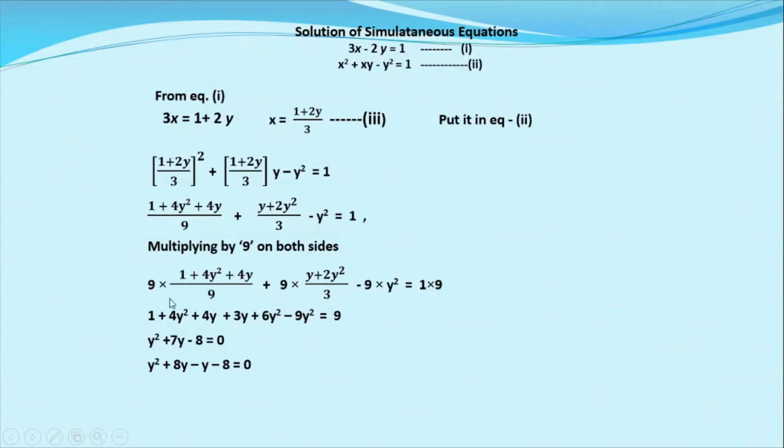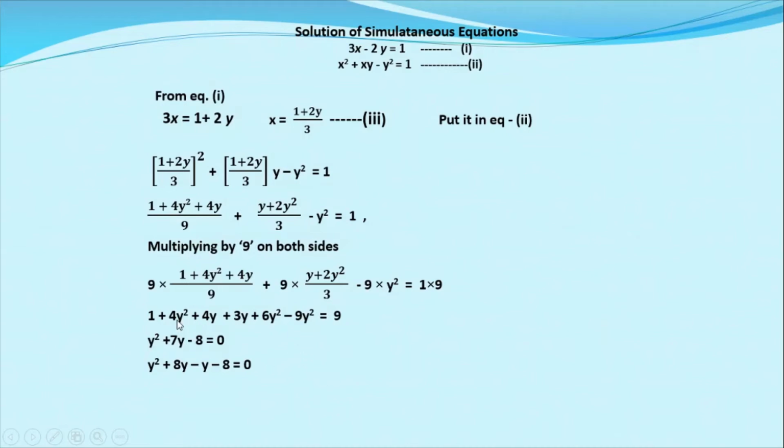So these two 9s will be cancelled. So here will be 1 plus 4y plus 4y square plus 4y plus 3. 3 threes are 9s. When we cancel here, it will be 3 and that 3 will be multiplied with these two elements, that is 3y plus 6y square minus 9 into y square, that is 9y square, is equal to 1 into 9, that is 9. So simplify it.